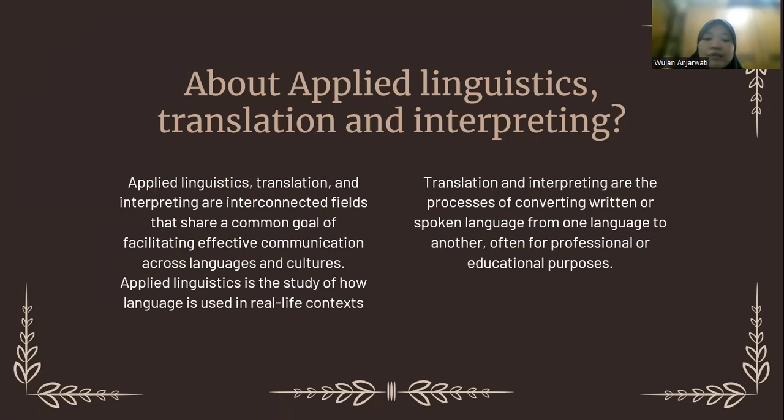The application of applied linguistics in translation and interpreting is crucial for understanding the complexities of language and cultures that can affect the accuracy and effectiveness of translation and interpreting.